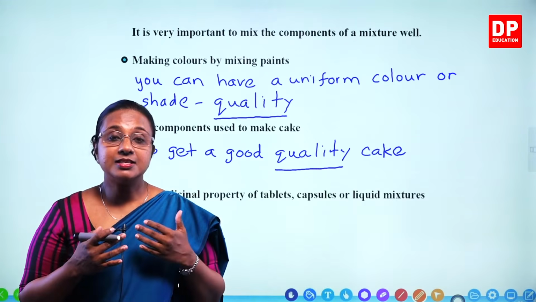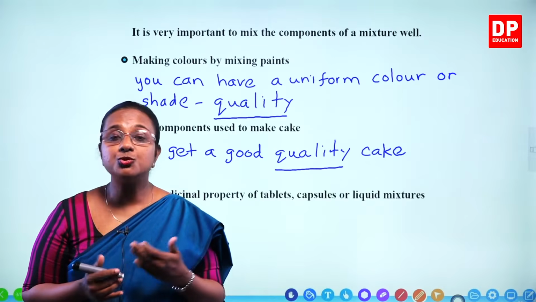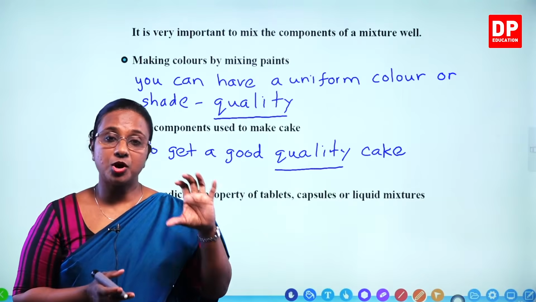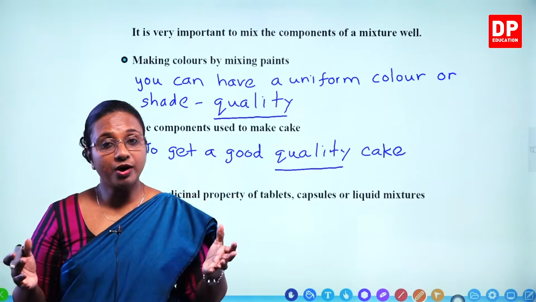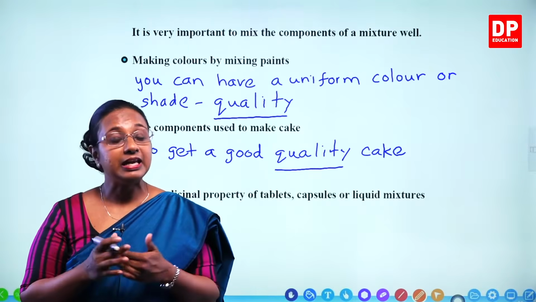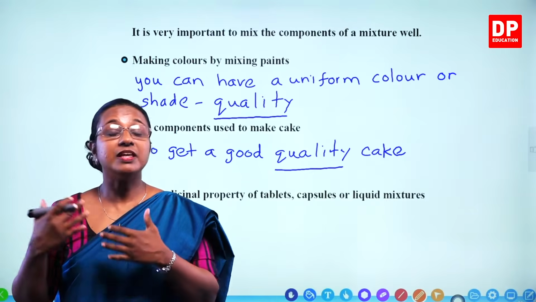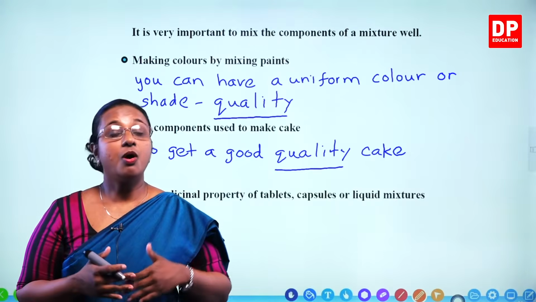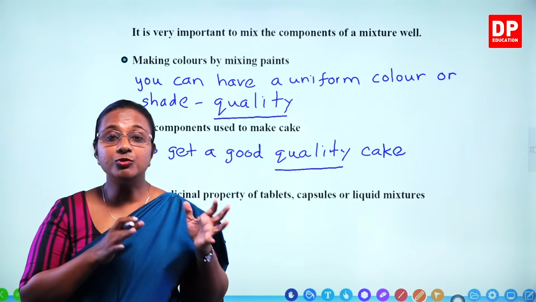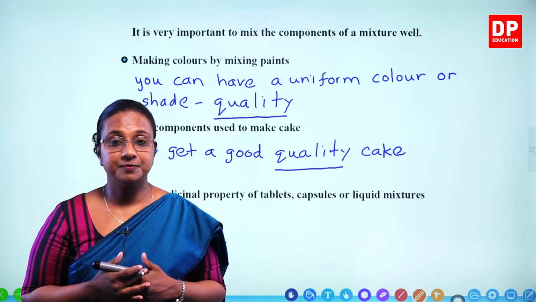Then there is a certain amount of medicine that has to be present in that tablet. You all know when you take a bottle of a tablet or a foil, they give certain instructions. In that, sometimes they specify the dosage based on the age of the person or the weight of the person. So you have to look at all those carefully and take the medicine.